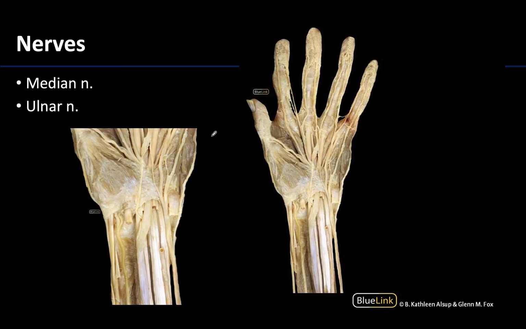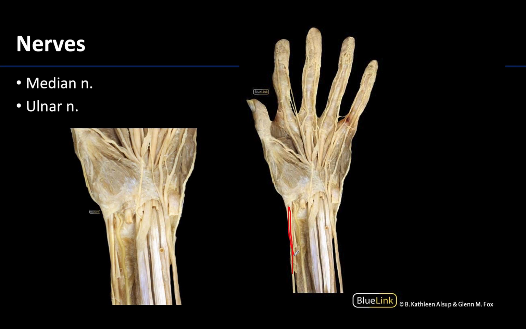Lastly, in the hand, the two dominant nerves are the median and the ulnar nerve. You can see a bit of the radial nerve right in this region here. And the radial nerve will provide some cutaneous innervation to small portions of the hand, but it's really the median and the ulnar nerve that are the major nerves associated with the hand.